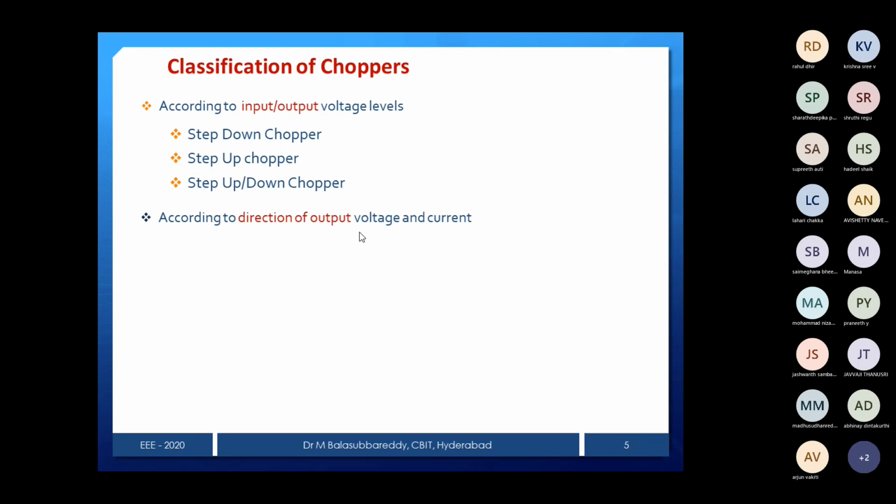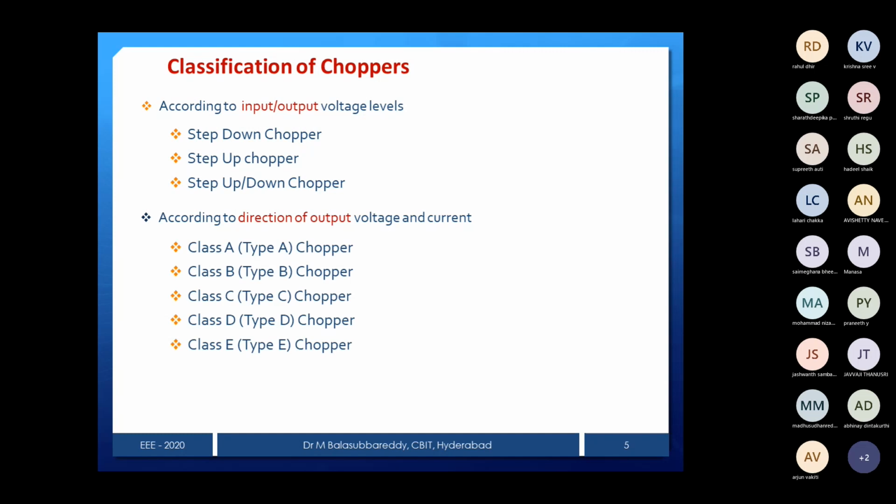Another one is according to the direction of output voltage and current. That is nothing but quadrant operation. So based on the direction, we can represent the type of chopper. Now suppose there is a quadrant, let you consider this one is current, this one is voltage. Suppose the voltage and current both are positive, then it is a type A chopper. And in some cases you need current negative while voltage is positive, then this is a type B chopper.